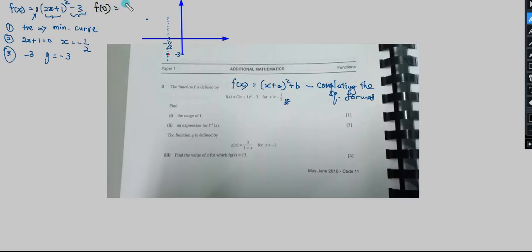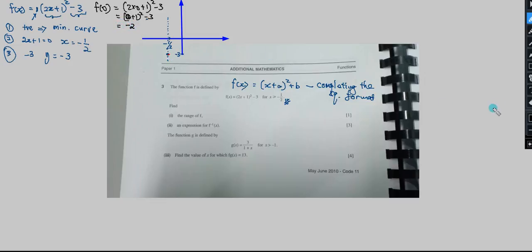Then you got 2 times 0 plus 1 square minus 3. So this becomes 2 times 0 is 0, plus 1 square, minus 3. Therefore, you end up with the answer of minus 2.